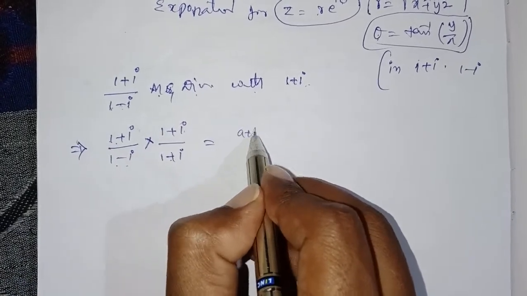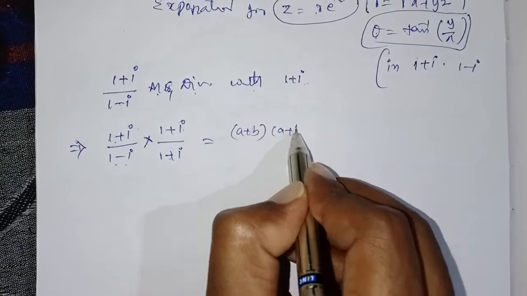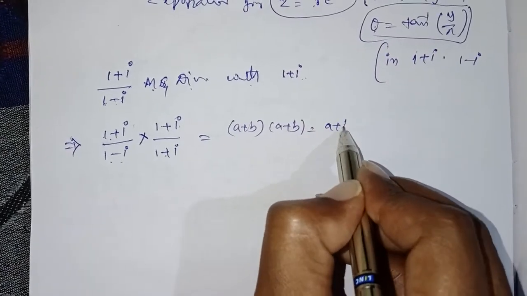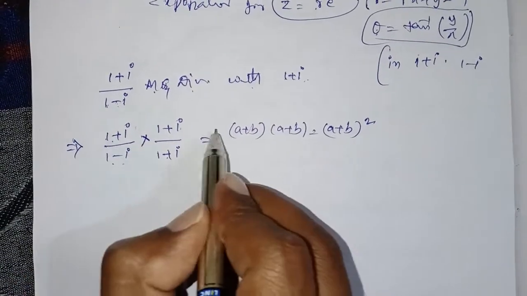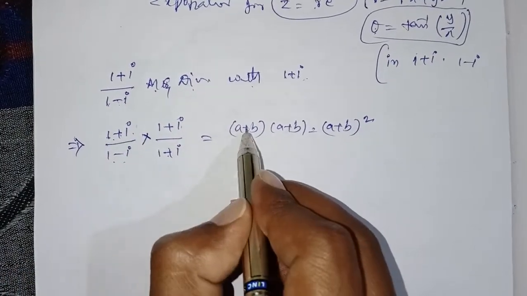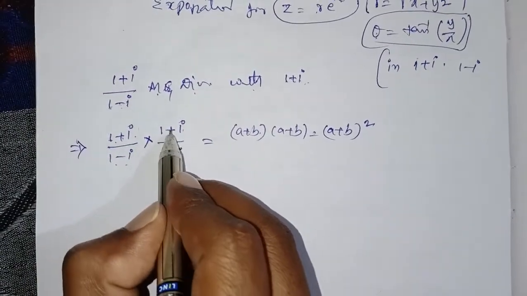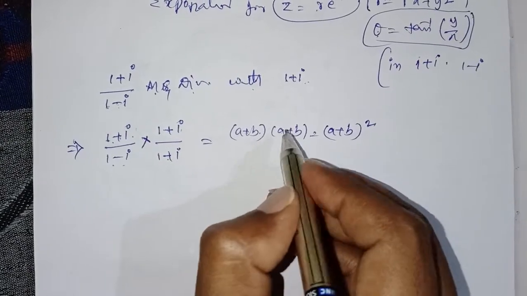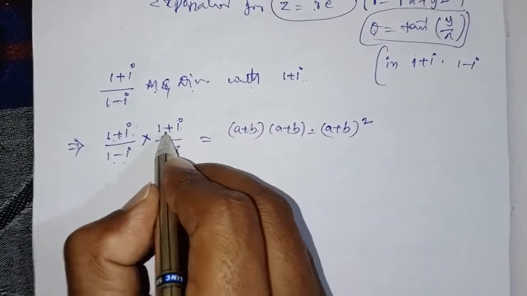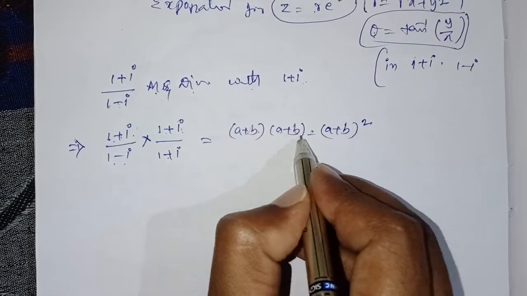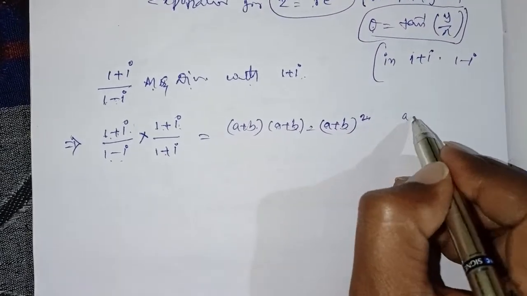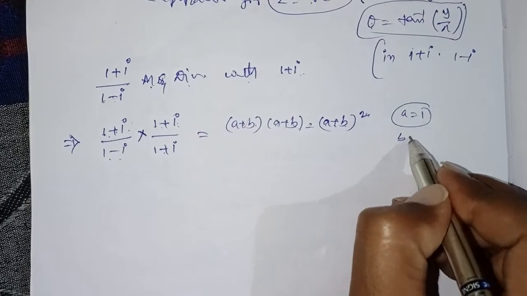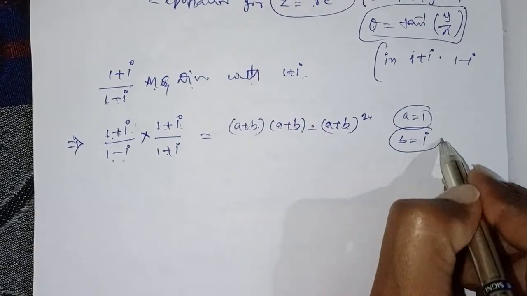We know that (a + b)(a + b) is equal to (a + b)². Here a is equal to 1 and b is equal to i.